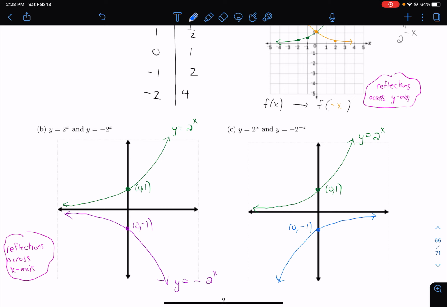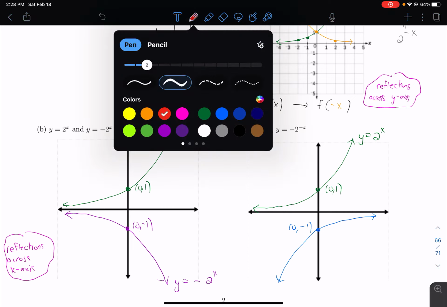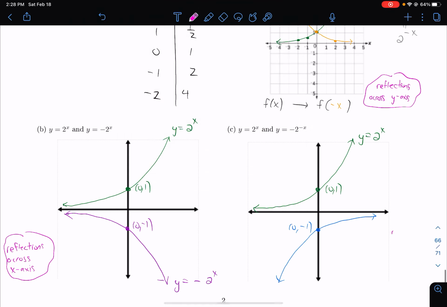So with this extra reflection, the balance point stays there at (0, -1). And we've seen before that when a graph gets reflected across both axes, that's a reflection across the origin. If it reflects across both the x and the y-axis, that's a reflection across the origin.